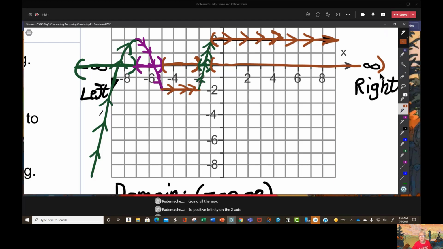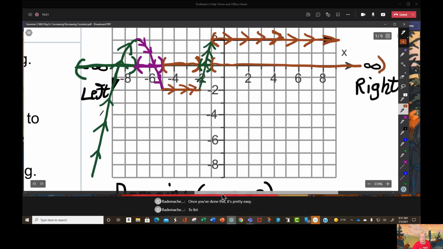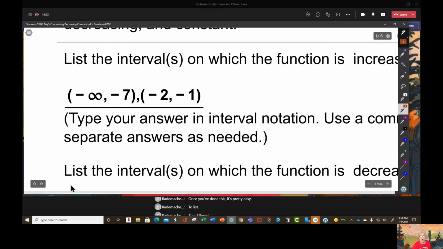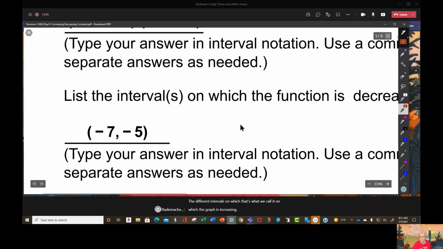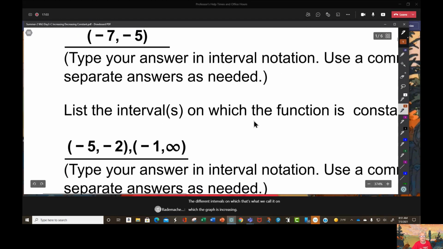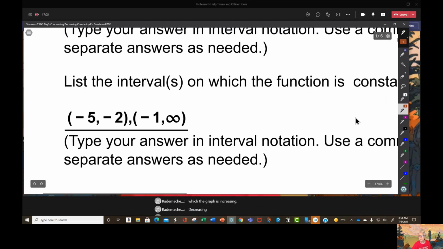Now, once you've done this, it's pretty easy to list the different intervals, that's what we call it, on which the graph is increasing, decreasing, and constant. Constant means flat.